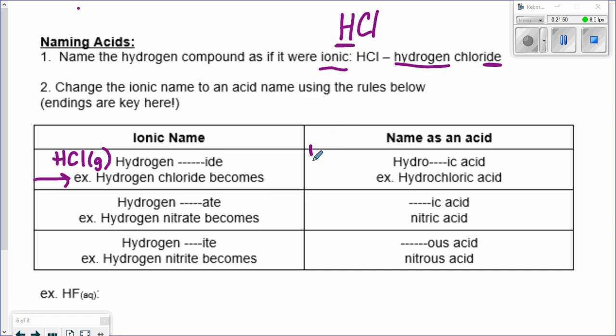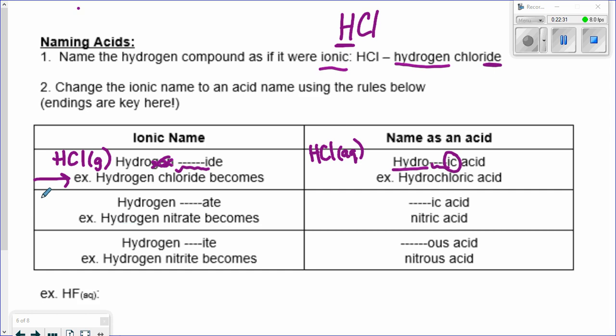If we now have HCl aqueous, so again, it's dissolved in water, the way that we name it is we keep the beginning of hydro. So you can see that you're ditching the gen of hydrogen, and whatever you had here goes in this spot. We had hydrogen chloride, so the way we name it is hydrochloric. That IDE ending becomes ic, hydrochloric acid.